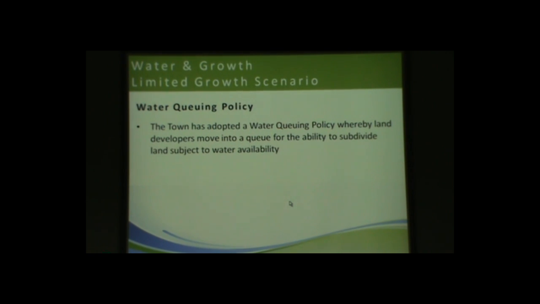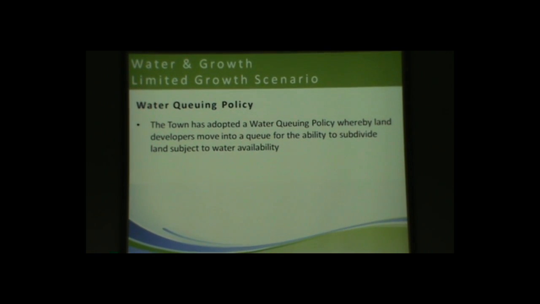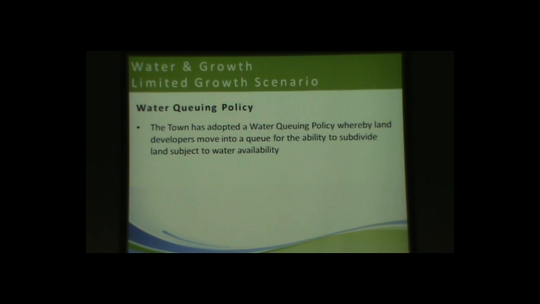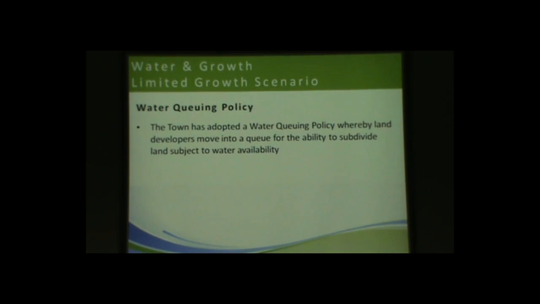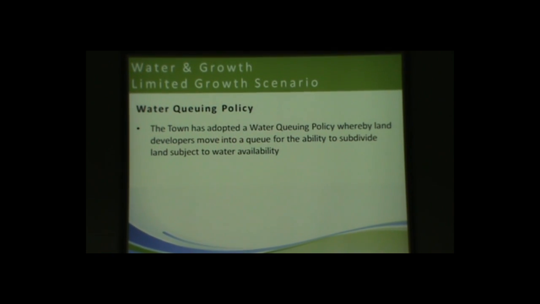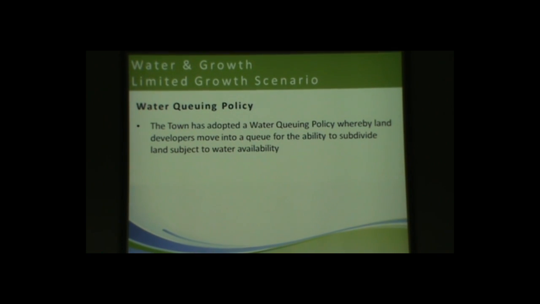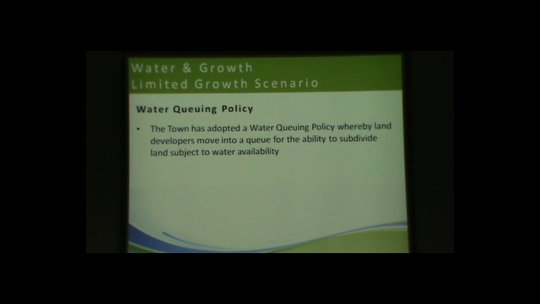So under the limited growth scenario, we don't have enough water right now to reach our build-out population. As a result, the town has adopted a water queuing policy whereby land developers will move into a queue for the ability to subdivide land subject to water availability.